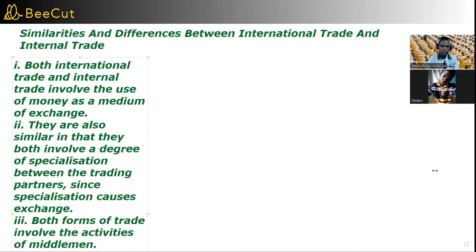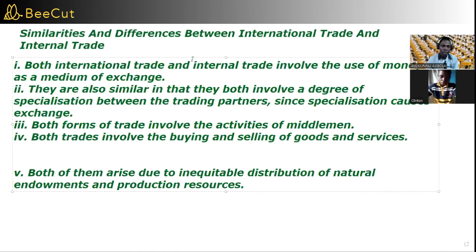Number one, both international trade and internal trade involve the use of money as a medium of exchange, not trade by barter, but use of money. Then they are also similar in that they both involve a degree of specialization between the trading partners, since specialization causes exchange.